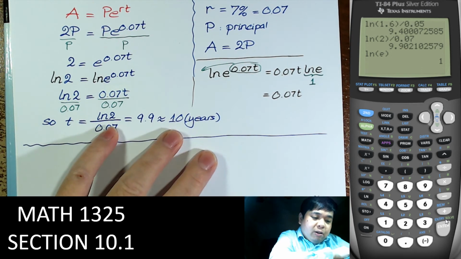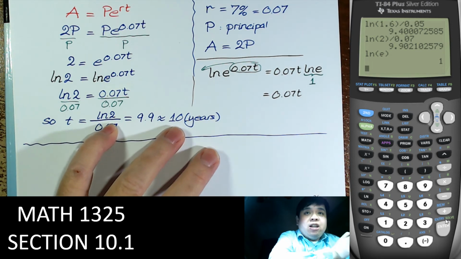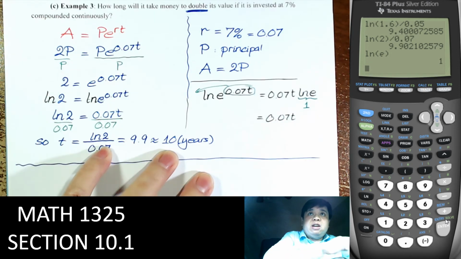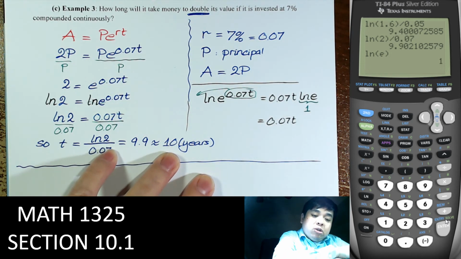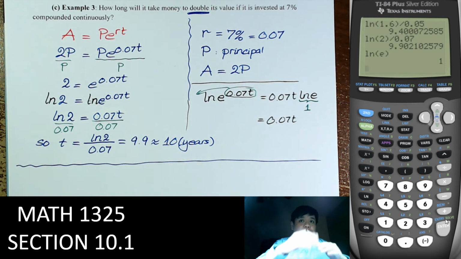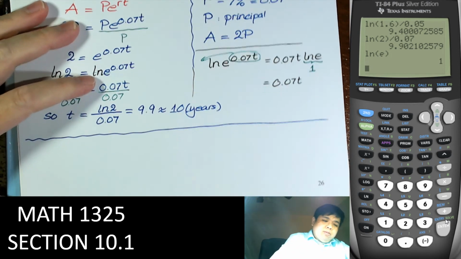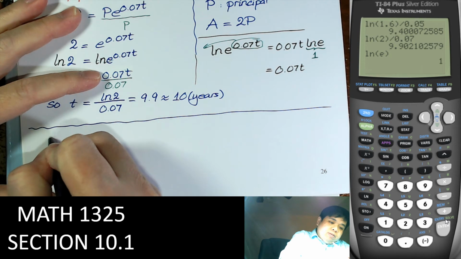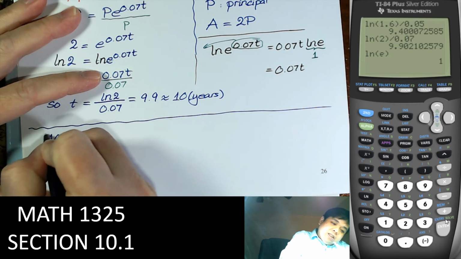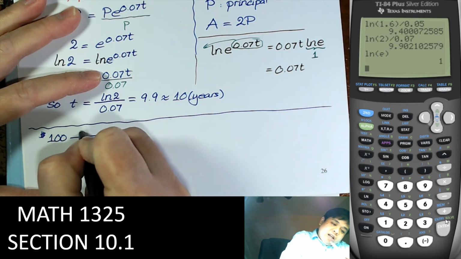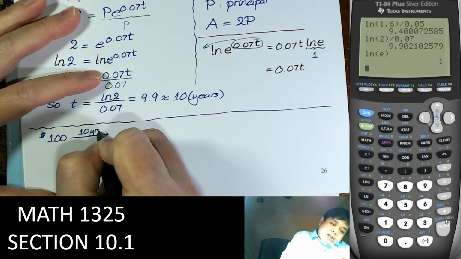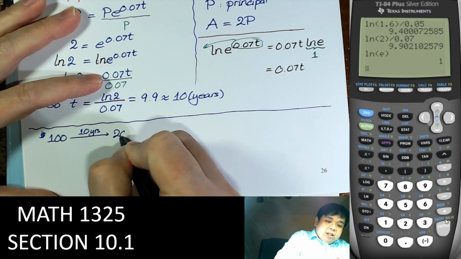I just want to discuss one more thing. So it takes 10 years to double an investment, given that it is 7% compounded continuously. Now, if we want to double that amount again, it's going to take another 10 years. So for example, if we have $100, in 10 years we will double that. I mean, roughly.